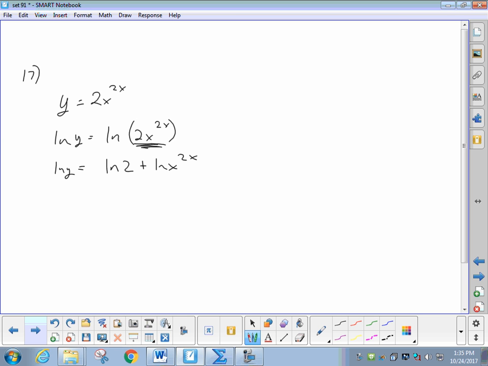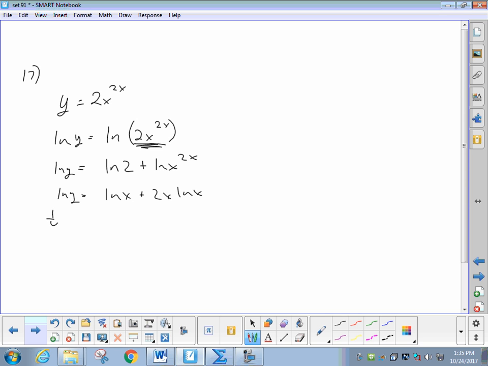Log rows? Okay. So now I can bring down the 2x because it is an exponent for the x term, not the 2, but for the x term, yes.